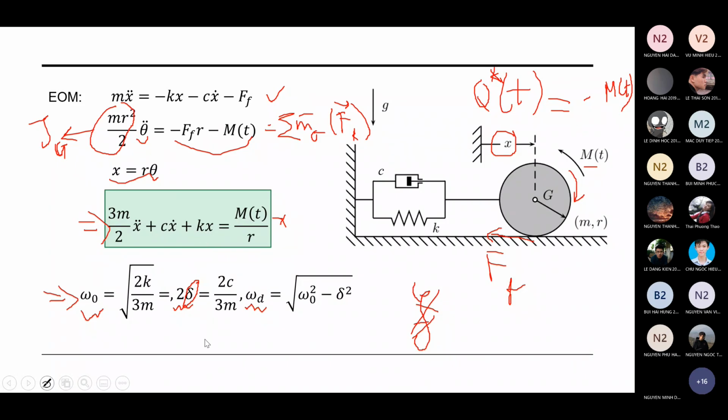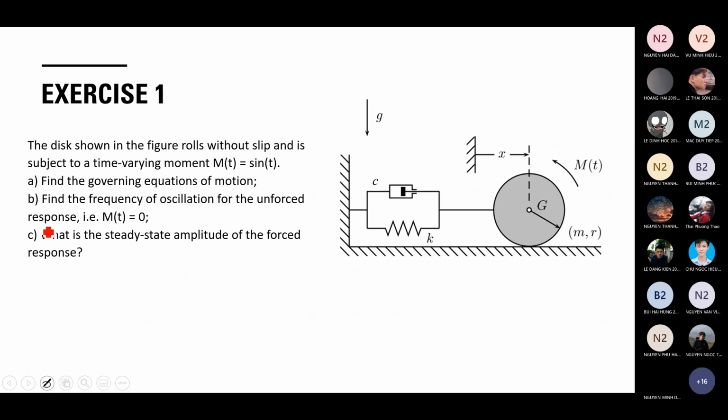Okay, for question C. Does anyone have a question about the answers of A and B? Is there anyone who has any question?